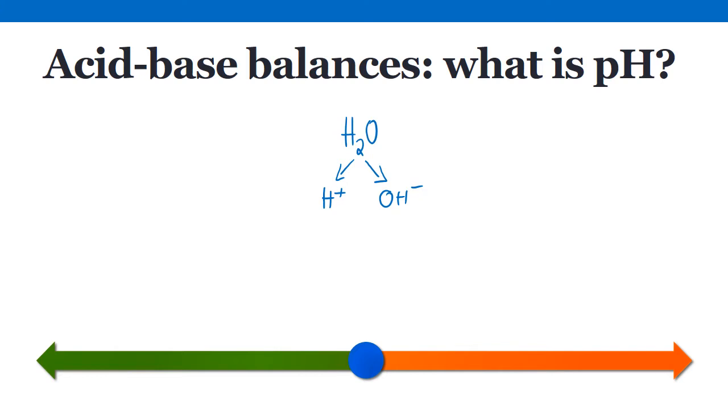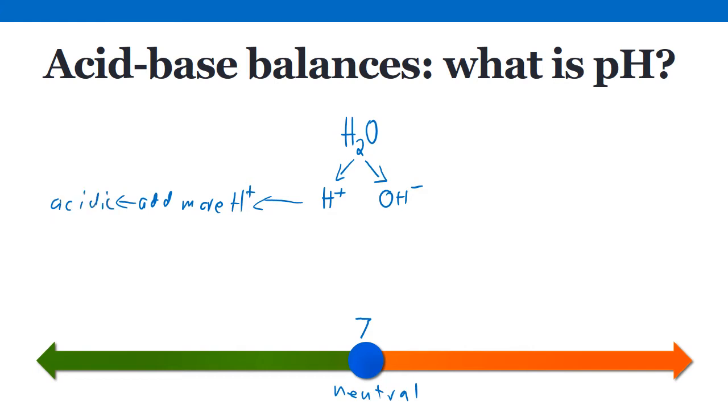And if you take the 7 off of that, you get the pH rating for water, which is pH 7, perfectly neutral. But there are other things that can add more H plus to water, and those tend to make a solution more acidic.